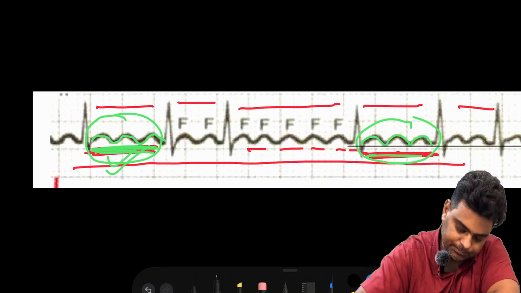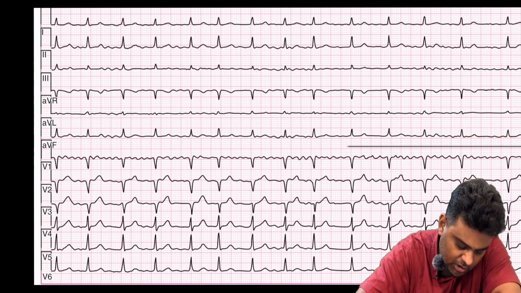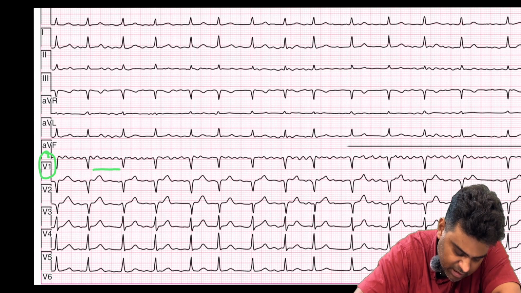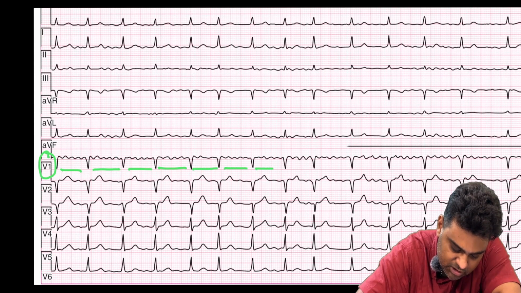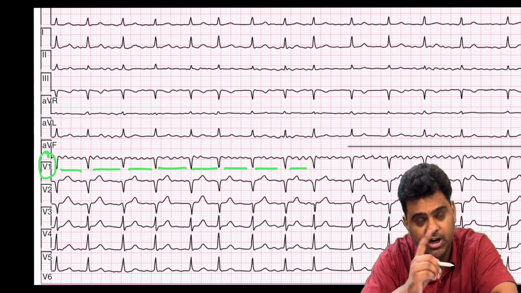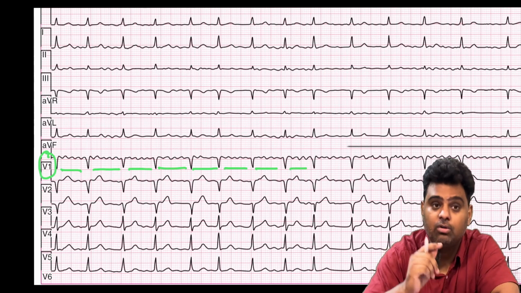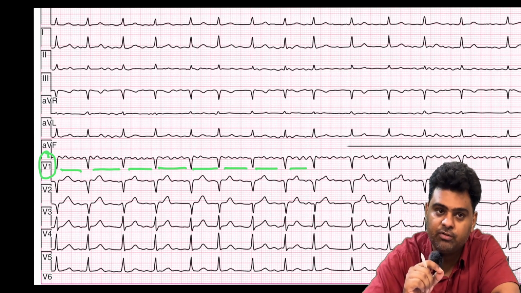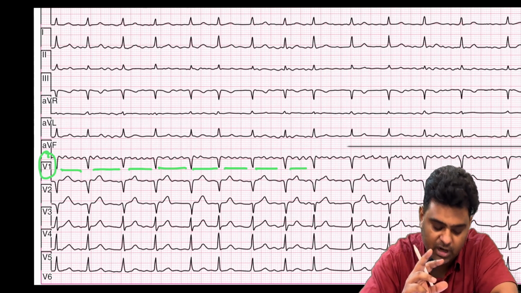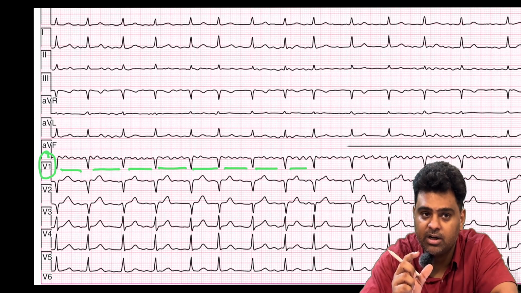Okay. Now coming to this ECG. If we take the V1 lead, you are seeing that the RR interval is not constant. The RR interval is changing. So now it can be 3 things: atrial flutter, multifocal atrial tachycardia, or atrial fibrillation. Now how to differentiate? First you will take those RR intervals which are constant.